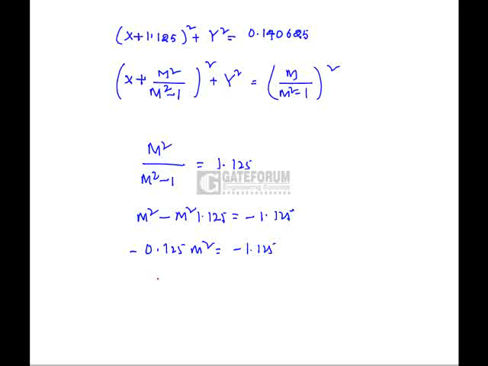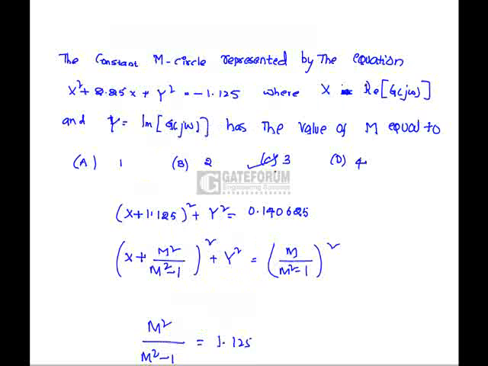So M square is 9, and M is equal to 3. Hence option C is correct.